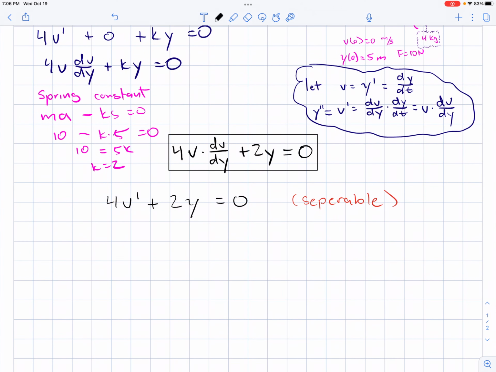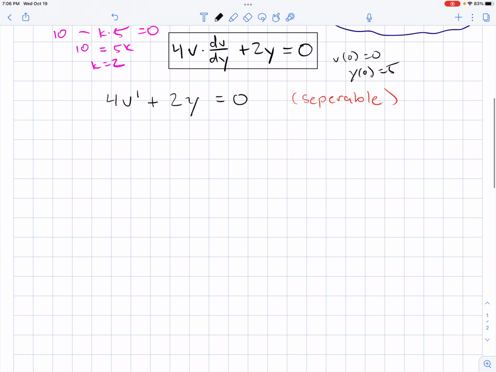Also, keep in mind, I'm going to write here, v of 0 is 0, and y of 0 is 5, because we'll need that in a little bit. Notice I already cleaned it up a little bit to save time. Although now I'm regretting it because I would have to plug in that v prime again.